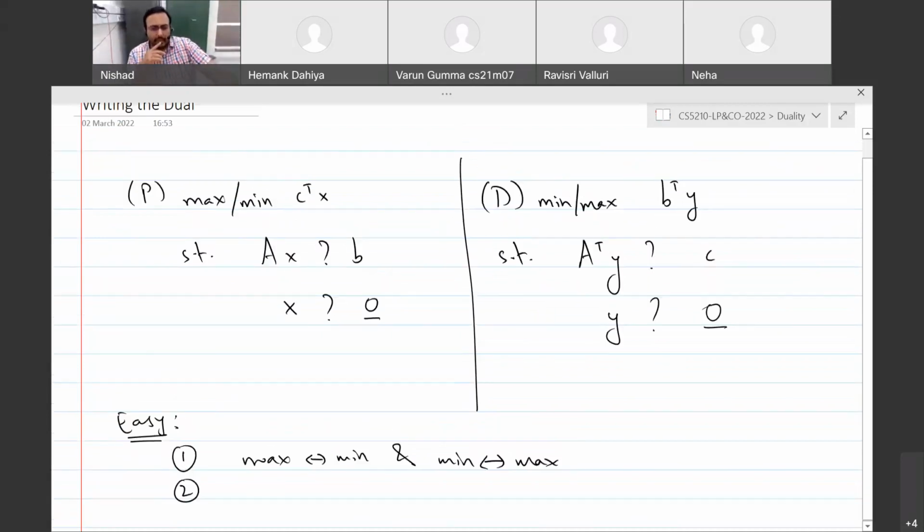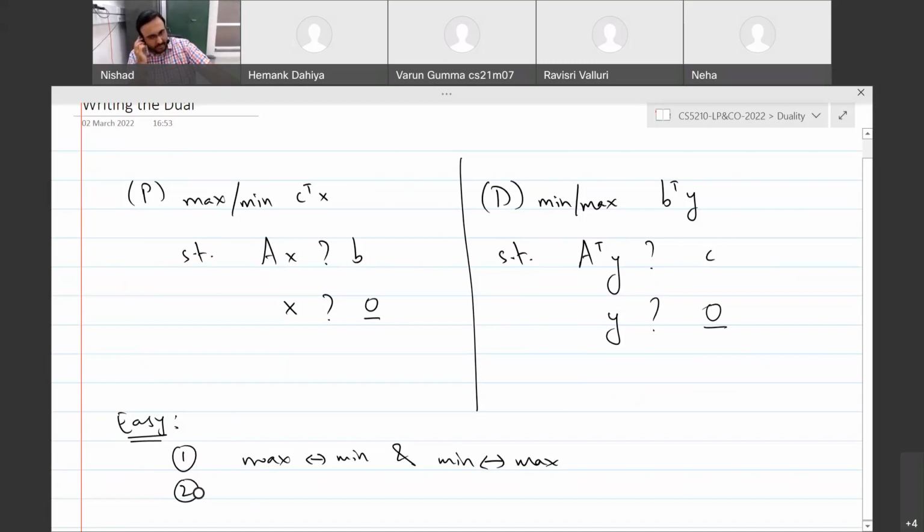Can anybody tell me why the y's in the last lecture were free variables? Why did we not consider y greater than or equal to 0 or y less than or equal to 0? We initially started with y as just multiplying factors for the equations.